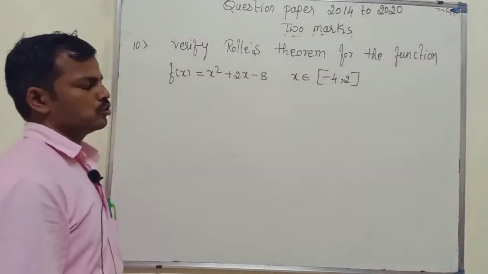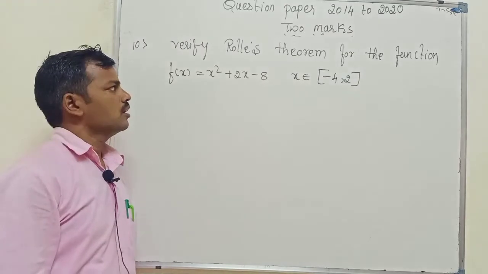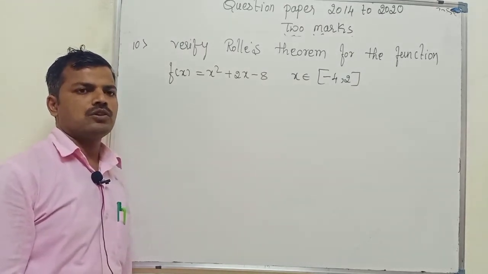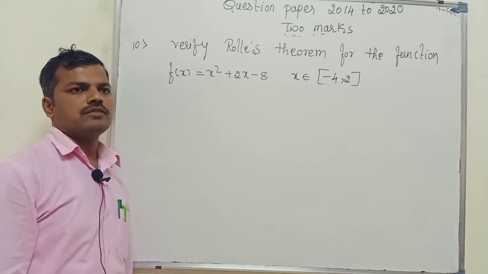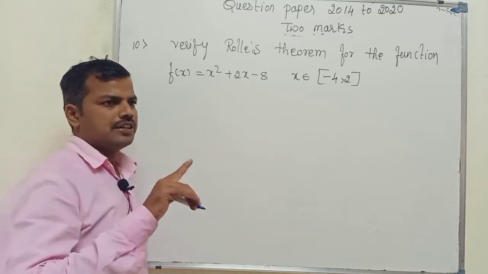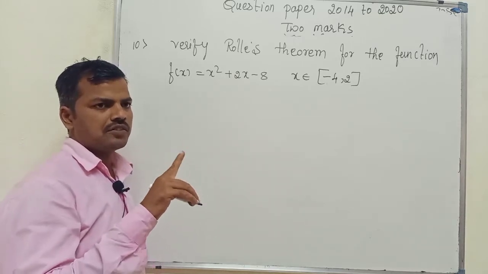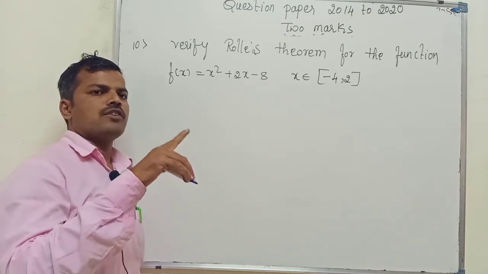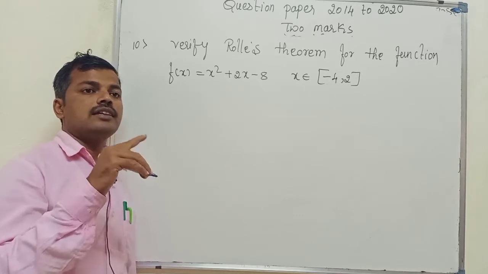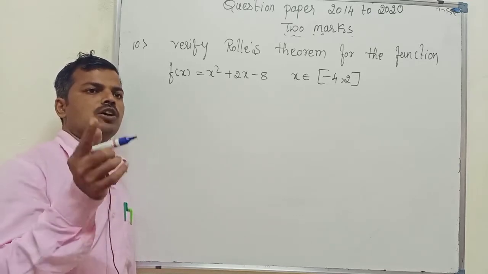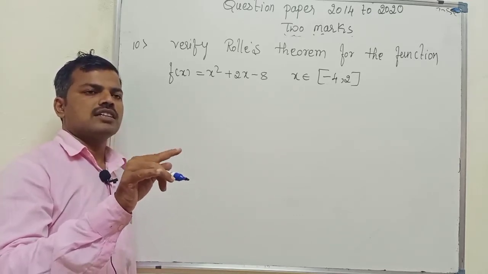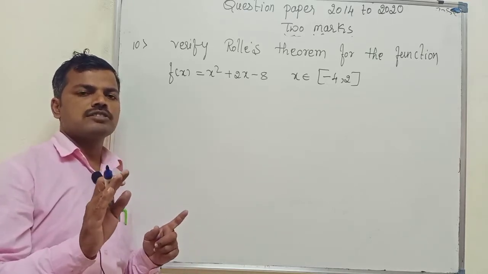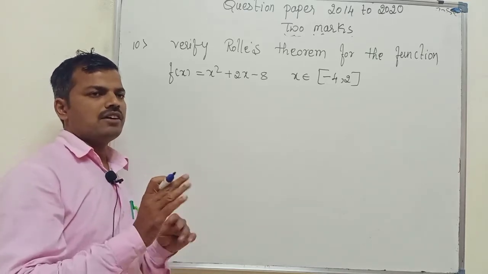So here we have to verify the Rolle's theorem. Rolle's theorem means you have to remember the statement of the Rolle's theorem. What is the statement? First, continuous in the closed interval, differentiable in the open interval, and also f of a equal to f of b. Then there exists an element c belongs to the open interval such that f dash of c is equal to 0. If you remember this statement, you can easily verify.